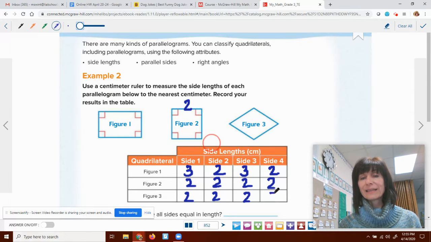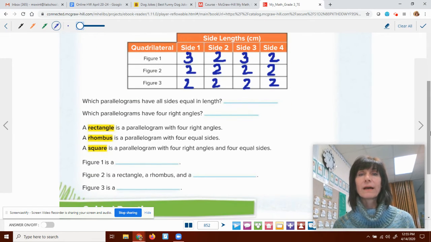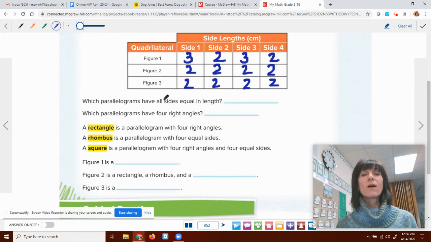All right, let's answer the questions below using the chart that we created. Which parallelograms have all sides equal in length? If I look at my figures up there, it would be figures 2 and 3.